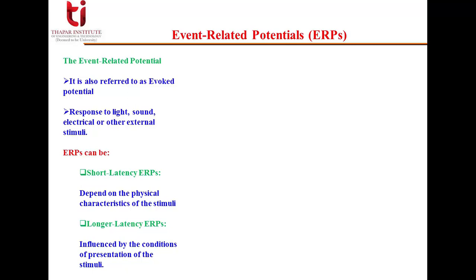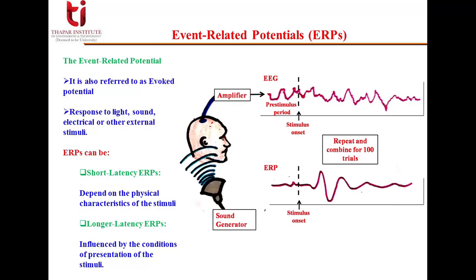Normally the responses are very small. The relatively small electrical responses to specific events can be observed only if the EEG traces are averaged over a series of trials. Let's look at this figure. Here the event is a sound that is generated by a sound generator.